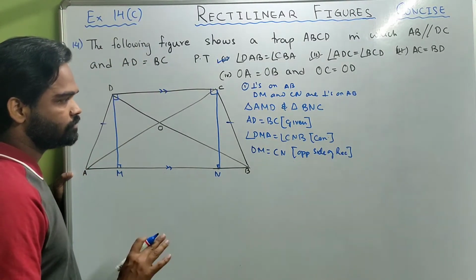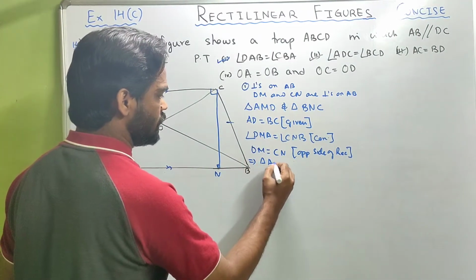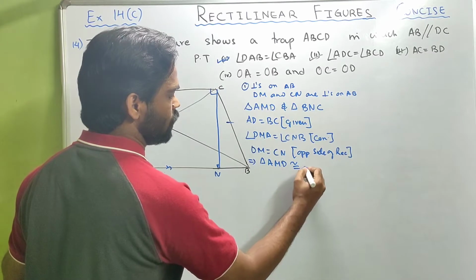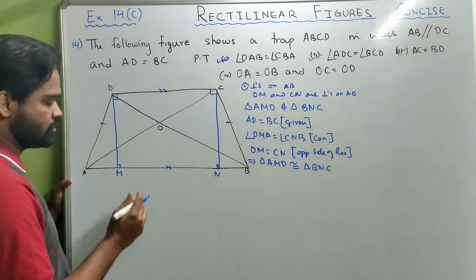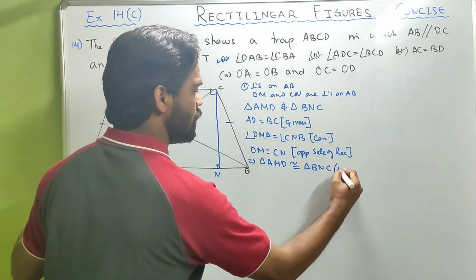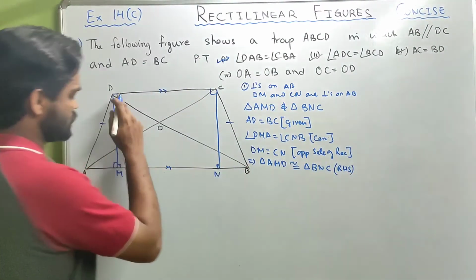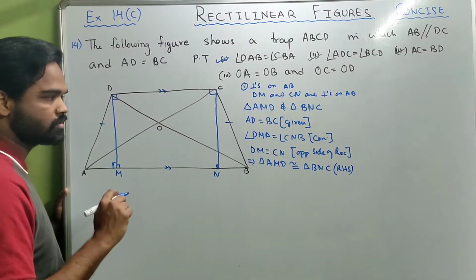Done. So we can say that by these three, triangle AMD is congruent to triangle BNC. It will be RHS, right angle, hypotenuse and side, because if this is a triangle and this is 90 degrees, then AD becomes the hypotenuse.